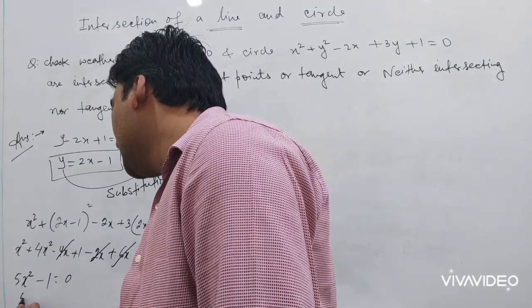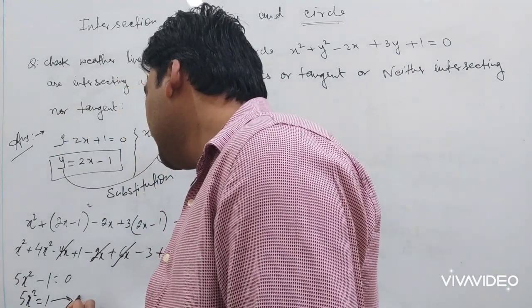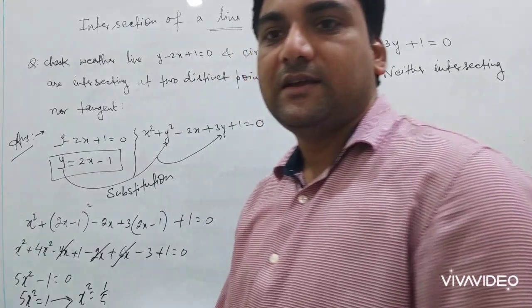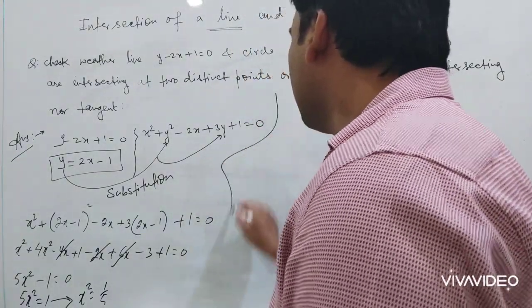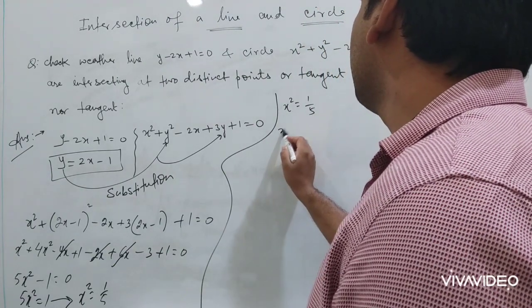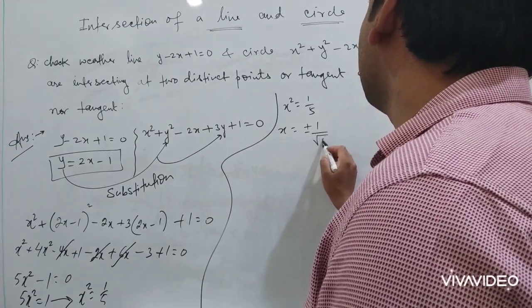So guys, we got 5x square equal to 1 and we got x square equals 1 over 5, right? If x square is 1 over 5, we can write x is plus minus 1 over root 5.